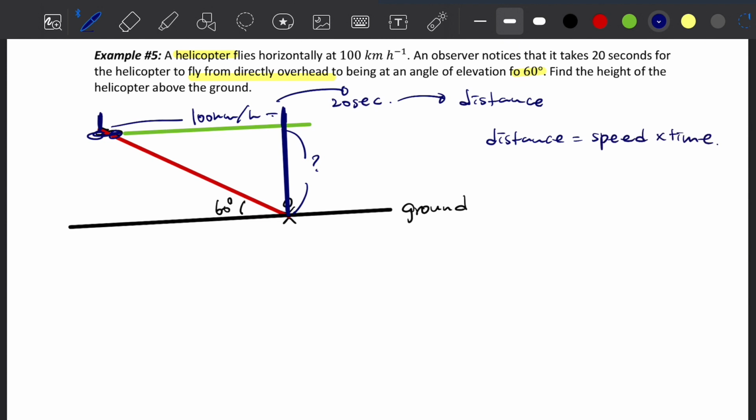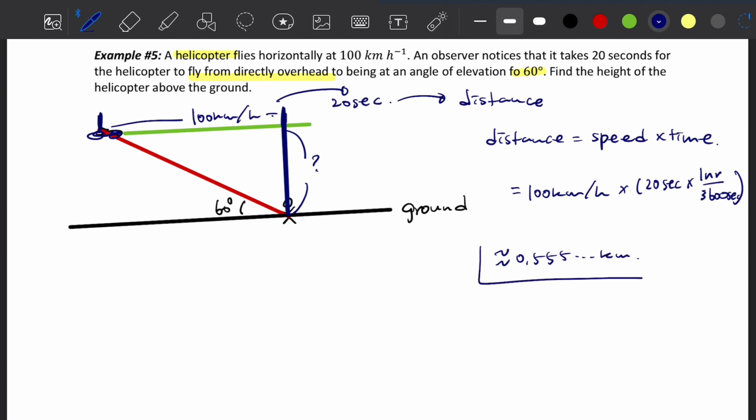So the distance for the helicopter to fly over the observer is 100 km per hour times 20 seconds times 1 hour over 3,600 seconds, because we need to convert the unit. Then we get about 0.555 kilometers. This is the distance that the helicopter flew.